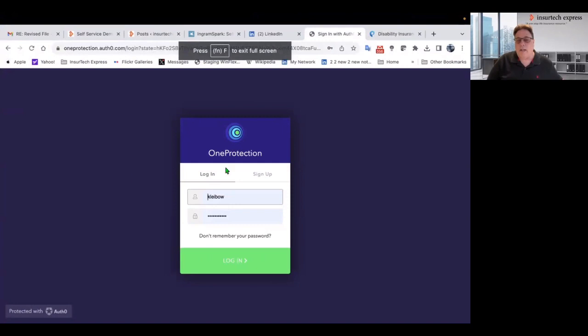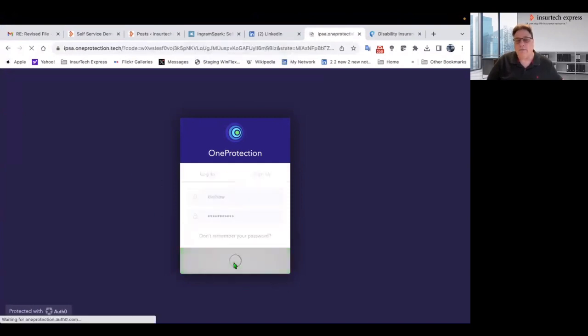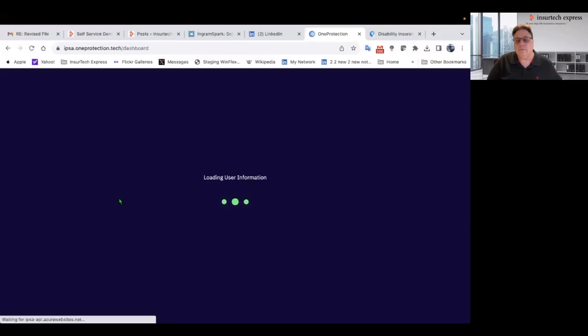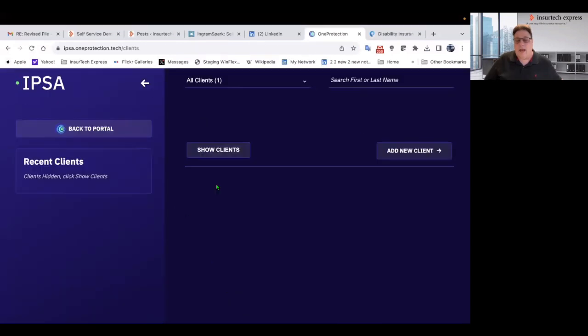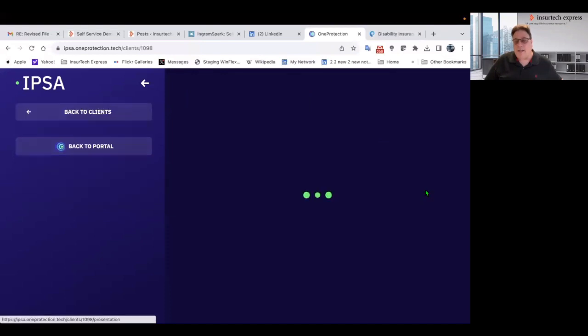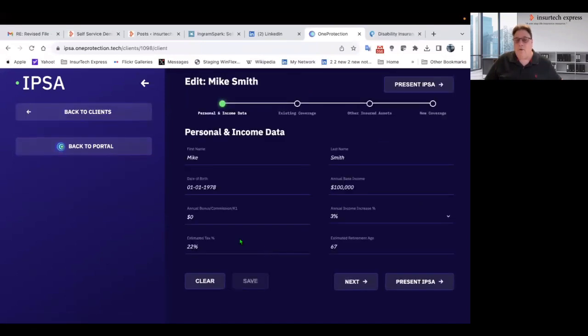Okay, I'm going to log into OneProtection using my login. After logging in, I'm going to go to my client that I created earlier today, Mike Smith, and edit it to show you what I've done. So I've quickly put in some financial information, very simple for the purpose of time.